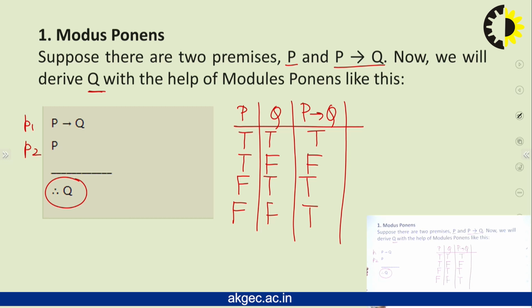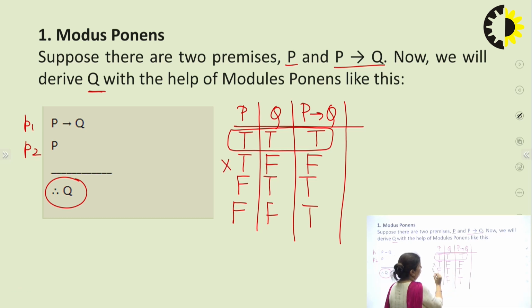Critical rows means rows where both the premises are true, and the premises are P implies Q and P. This is the only critical row, because if I see the second one, P is true but P implies Q is false, so this cannot be a critical row. Here P is false and P implies Q is true, so this cannot be a critical row. Then again P is false, P implies Q is true.